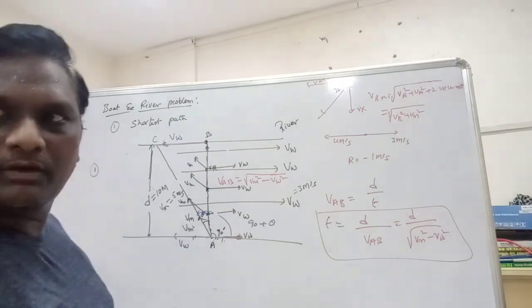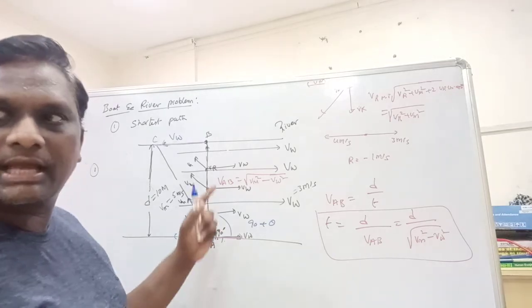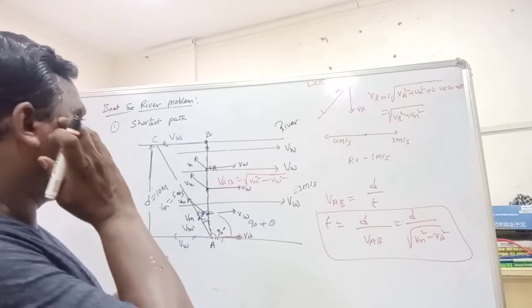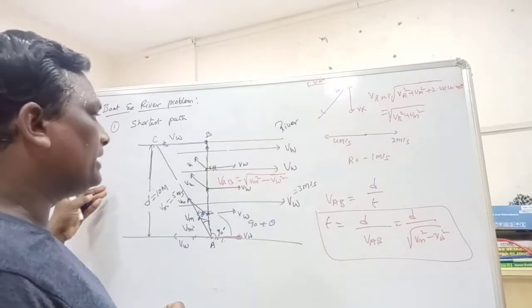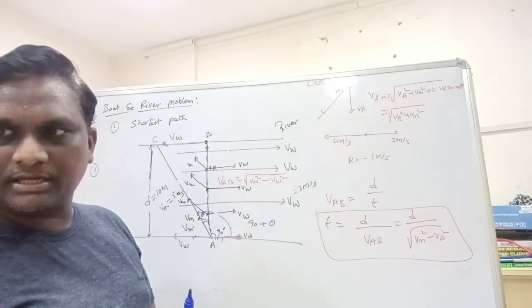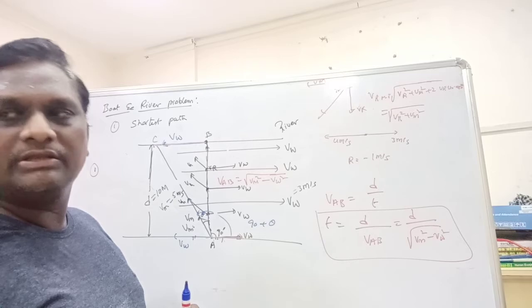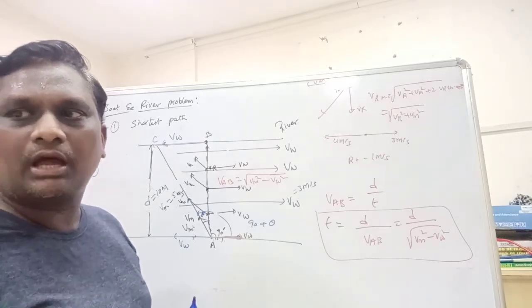Then find the time taken by the man to reach exactly the opposite bank. I'll repeat the question. The width of the river is 10 meters and the water is flowing in the river with a velocity of 3 meters per second. The man is swimming in the river with a velocity of 5 meters per second and wishes to reach exactly the opposite bank.